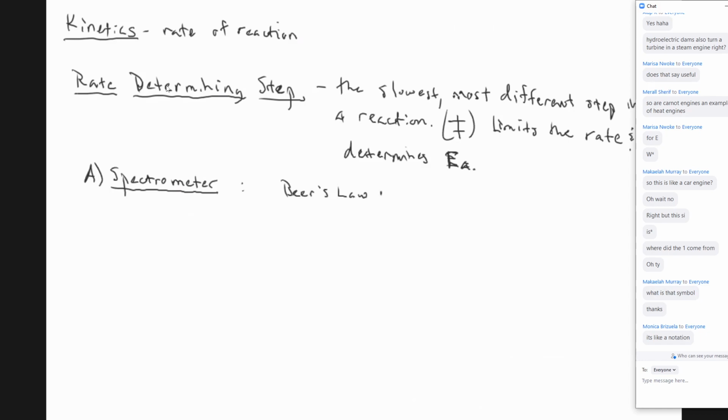where it simply states that absorbance is equal to the extinction coefficient times the length of your cuvette times the concentration of your sample. This is your length of test tube or container. This is your extinction coefficient.